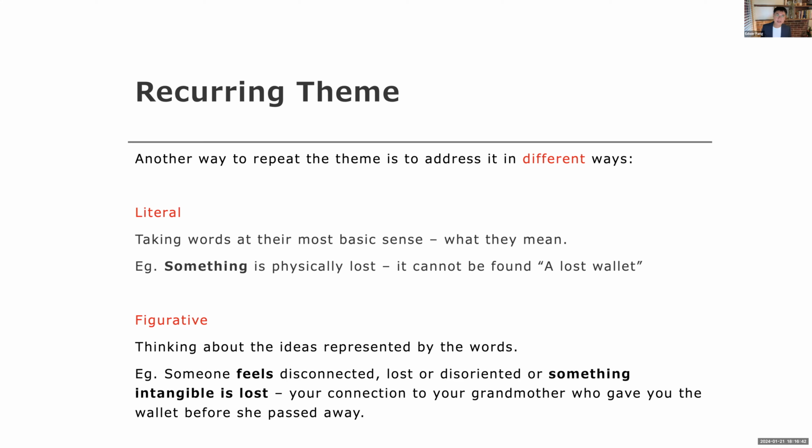But you understand actually that the words something that was lost could also refer to something that is not a physical object, or in this case, that is figurative, right? Something that is an idea or a feeling, something you cannot touch with your hands, something that is intangible, right? So, for example, someone can feel lost.